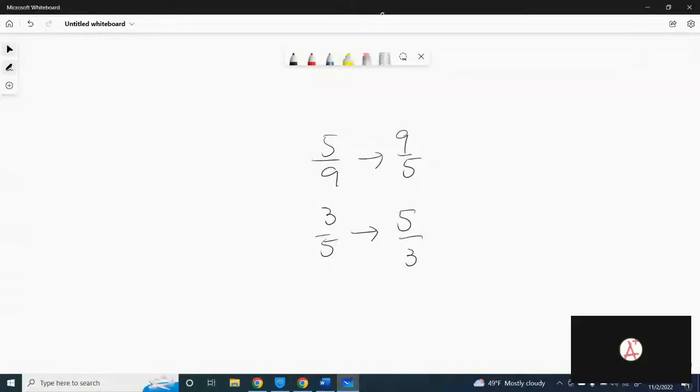The next one is: what is the reciprocal of 3/8? So the correct option is 8/3. Got it?